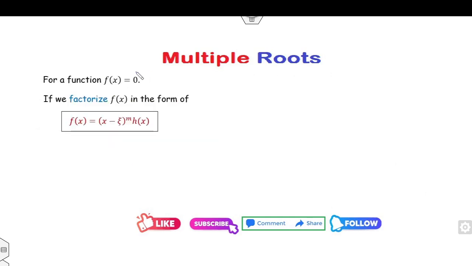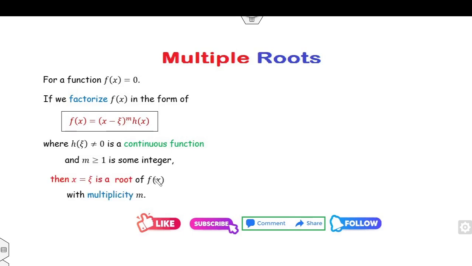Second definition: if you write the function f(x) in the form (x minus xi) to the power m times h(x), where h(xi) is non-zero and m is a positive integer greater than 1, then you can say x equal to xi is a root of the function f with multiplicity m. For example, if you compare, m is equal to 3.